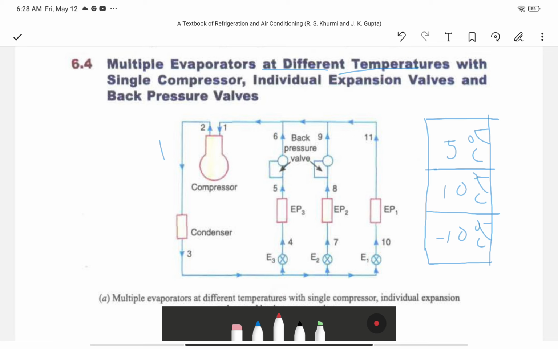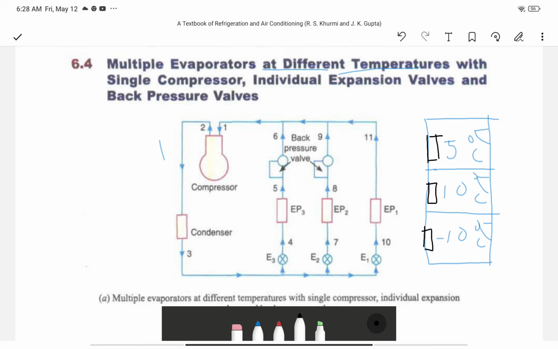What you do, of course, is install evaporator unit 1 here, evaporator unit 2 here, and then evaporator 3 located there.